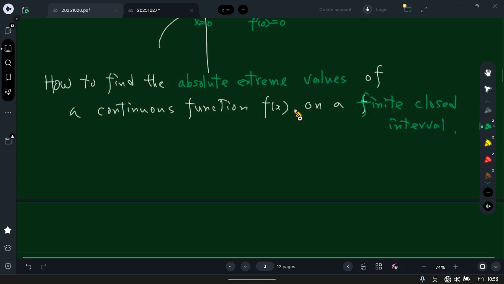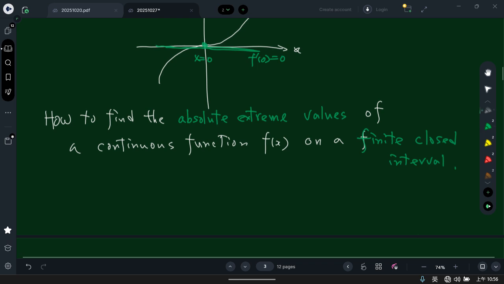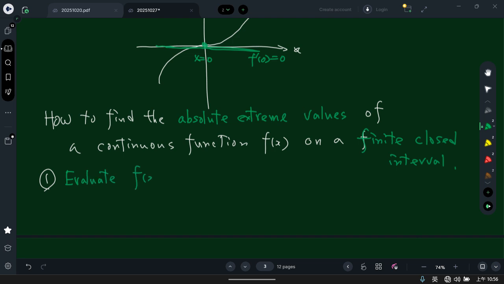So there are two steps. Step 1 is to evaluate f of x at all critical points and endpoints.